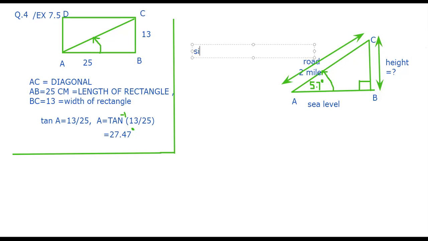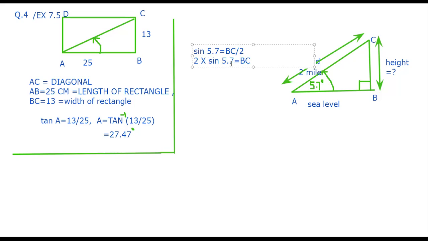You will write sine of 5.7 degrees equals the height BC divided by the hypotenuse, that is 2 units. So once you solve the equation, you need to write 2 times sine 5.7 equals BC.